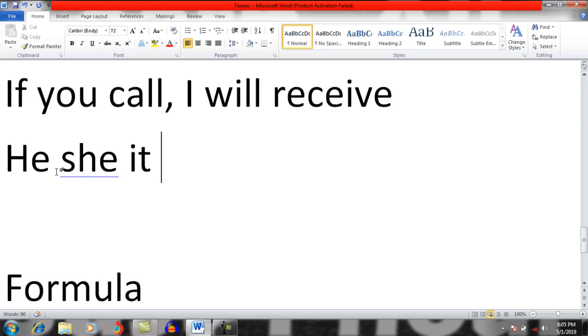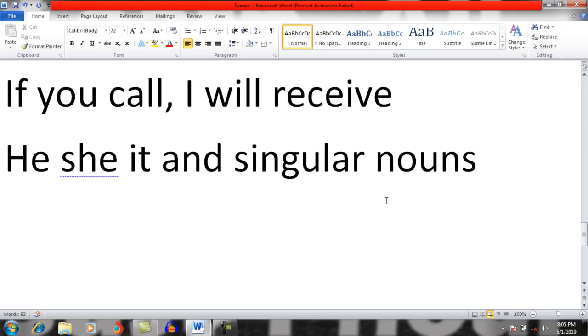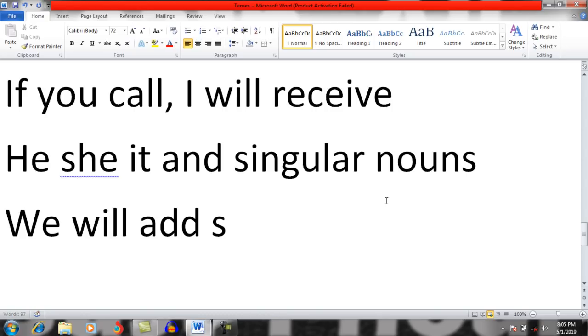With he, she, it and singular noun, we'll add s or es with the verb whenever we are talking about he, she, it or a singular noun. Keep in mind how we will add it.